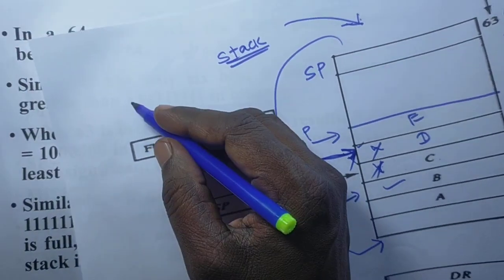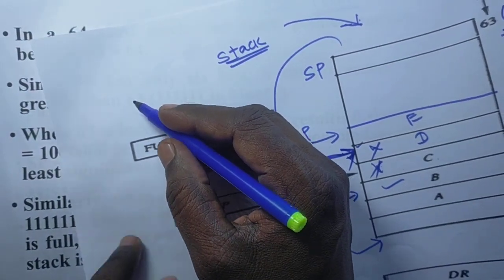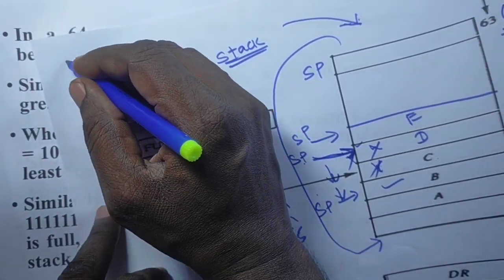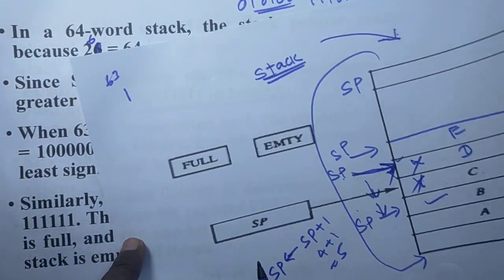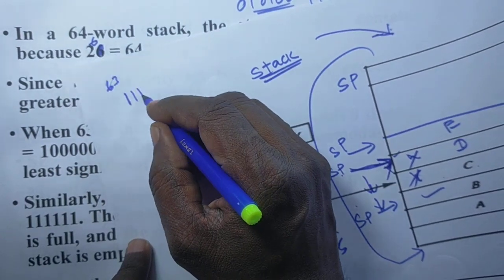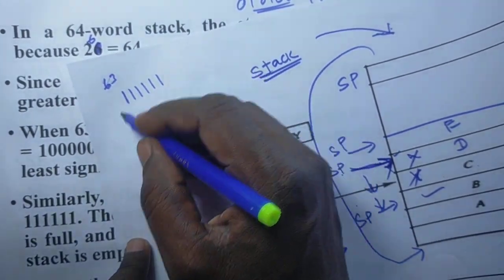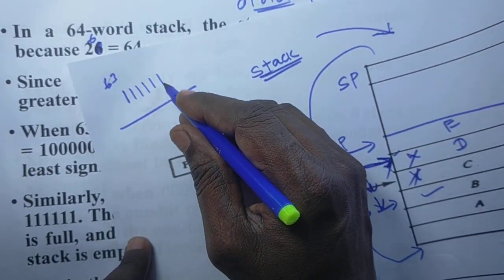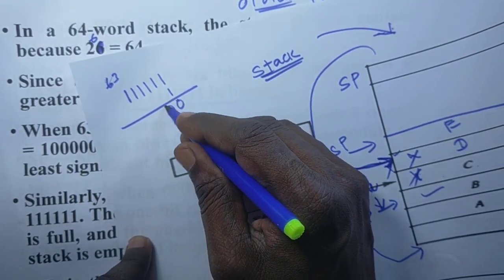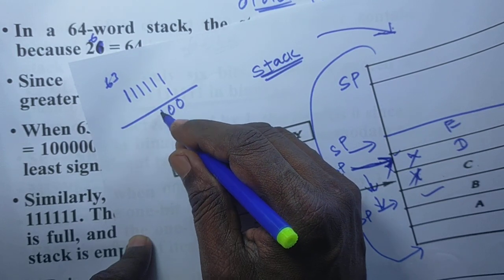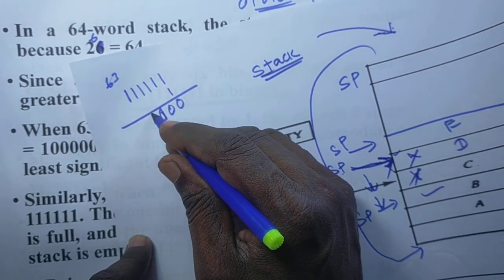In a very simple way, here is 63, the top position, 111111. Whenever we increase, 1 is added.